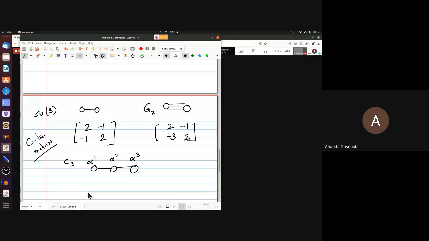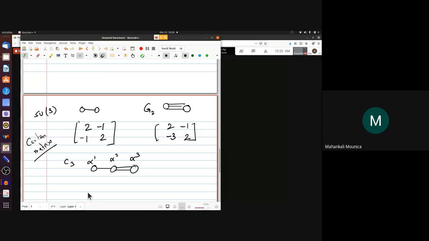What this tells you is, what does it tell you about the angle between alpha 1 and alpha 2? 120 degrees. This, remember, is at 120 degrees. And alpha 2 and alpha 3? That's again straightforward. What are the possible values? 90, 120, 135, 150.